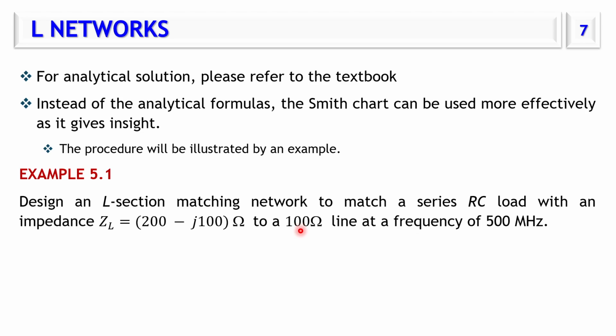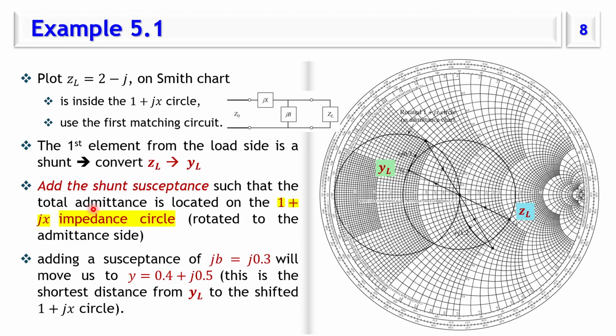So Z naught is 100, ZL is 200 minus j100, and we are requested to use an L section. Before we continue, I would like everyone to review the Smith chart, because as I said, we're going to use the Smith chart very extensively in this topic.